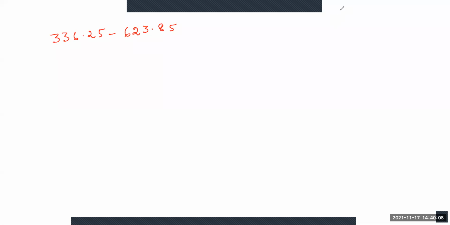In the last class, I said that if x minus y, then y is the subtrahend and x is the minuend. So in y's position, what is the value? 623.85. So this is the subtrahend and 336.25 is the minuend. Okay. So first, the process is to take the 9's complement of the subtrahend.